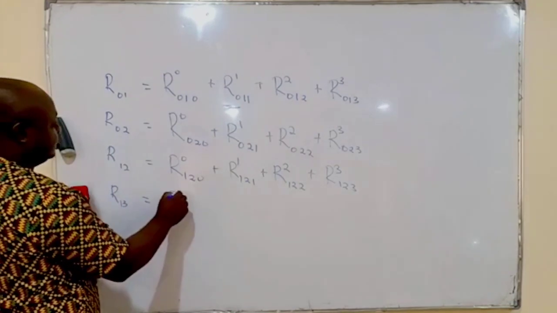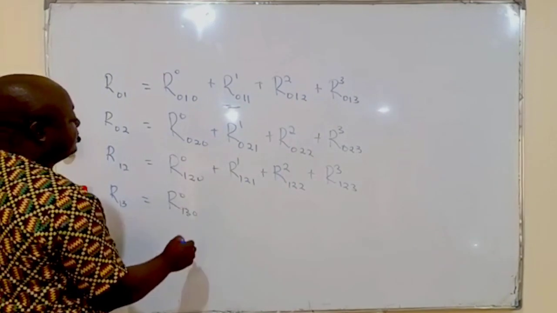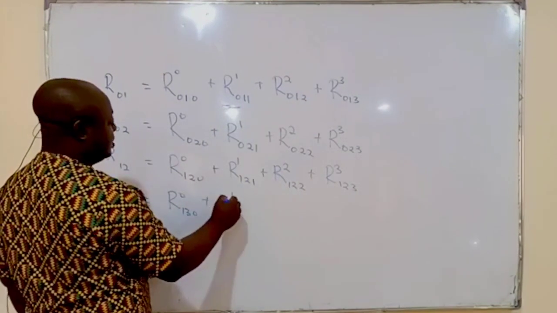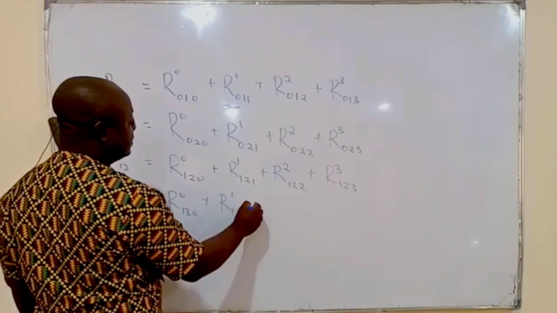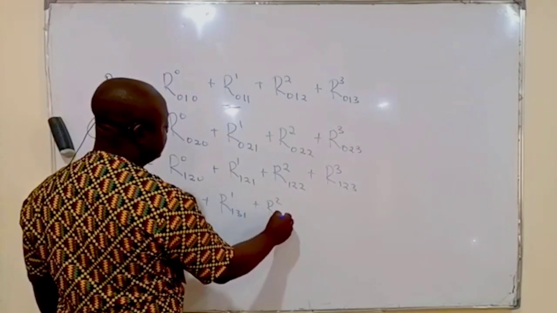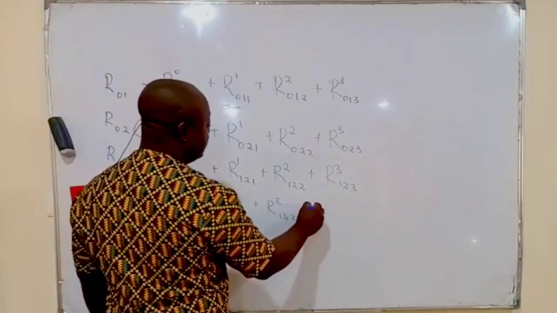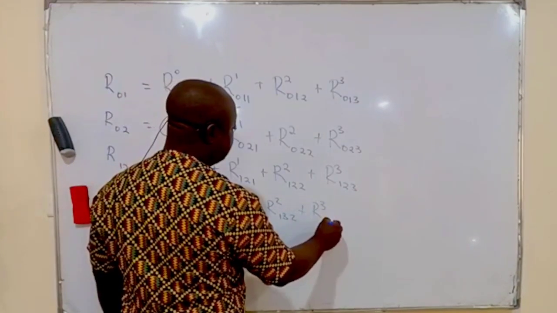R13 will be R0130 plus R1131 plus R2132 plus R3133.